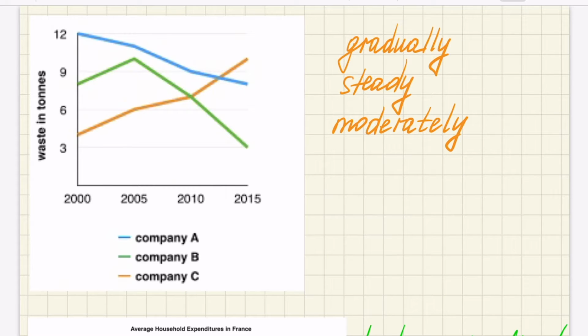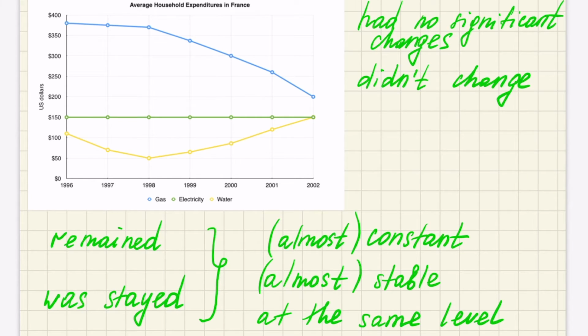So another example is when we have a change. Let's see this line, which is this yellow one. In case of this yellow line, we can say gradually, steady, and moderately. So let's go to the following graph. Here on this graph, we have this green line in case of no change at all.